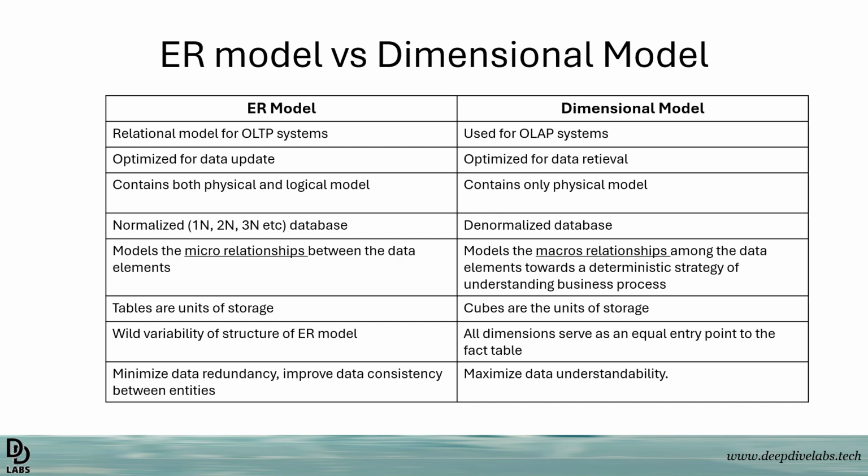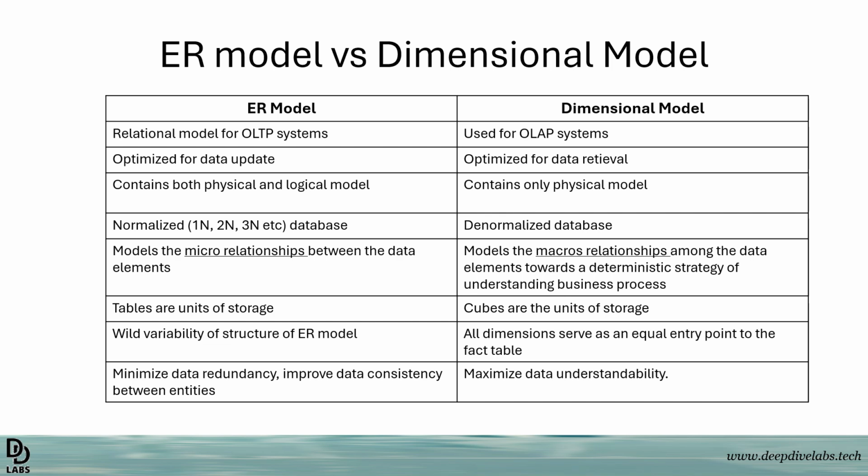In an ER model, the relational model is typically for your online transaction processing system, where the entities correspond to your business entities. Here, dimension modeling is used for OLAP systems, where you have your facts and dimensions, and it's about which business process you want to optimize or understand better.